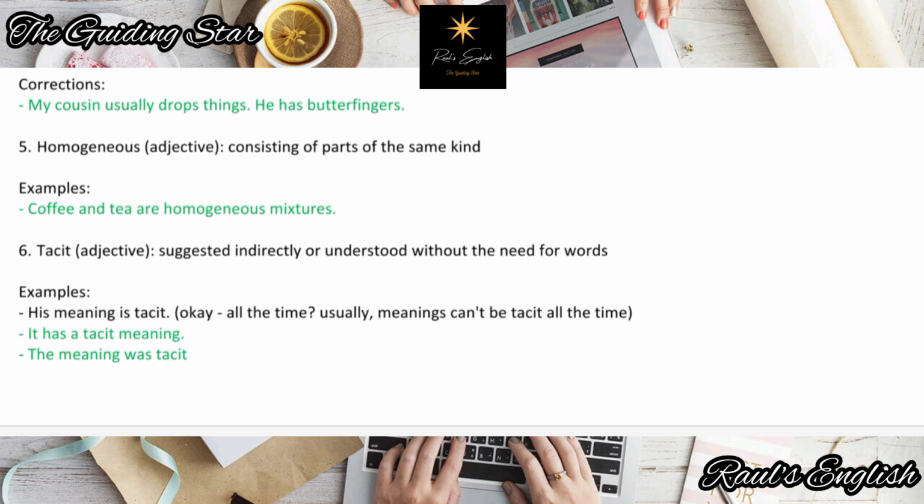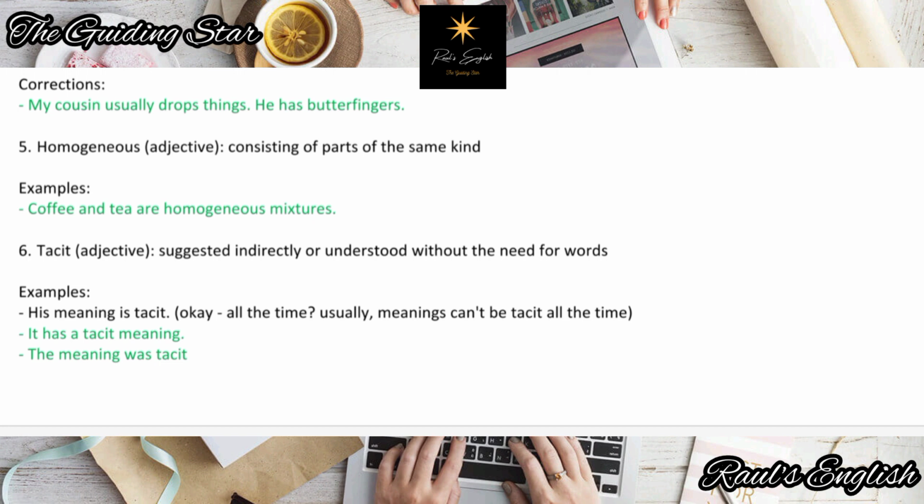And number 6, tacit. Alright, tacit means suggested indirectly or understood without the need for words. So you do not need words to understand something that is tacit. It is said without words. His meaning is tacit. Is the sentence correct? Yes. But is it tacit all the time?